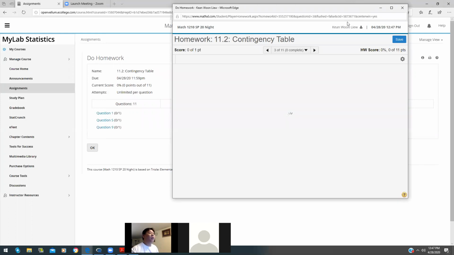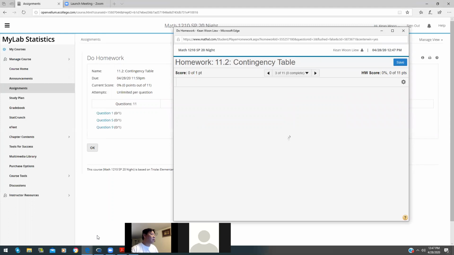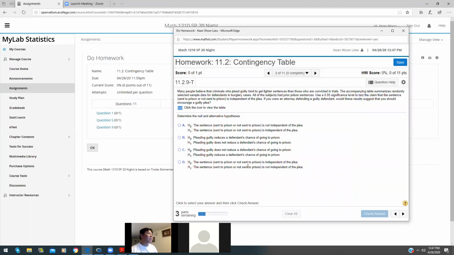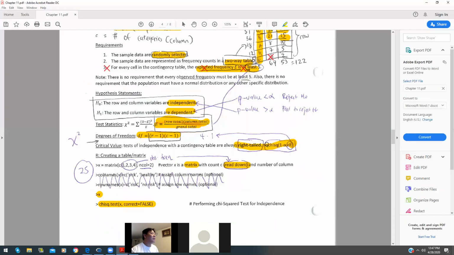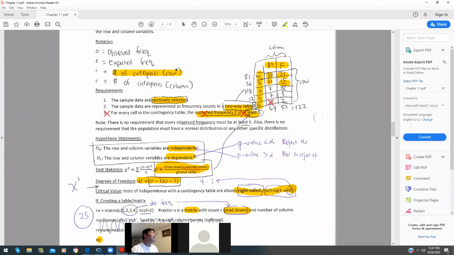But for some of your projects, you will have to do this section, especially those who collect data from the students. You go out and do a survey, and once you manage to put it in the form of a contingency table, you're definitely doing this section 11.2.